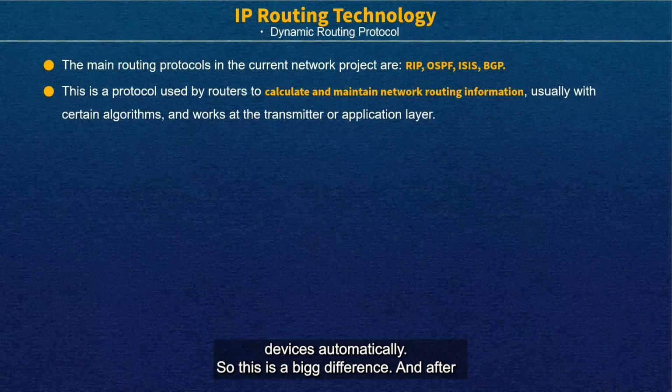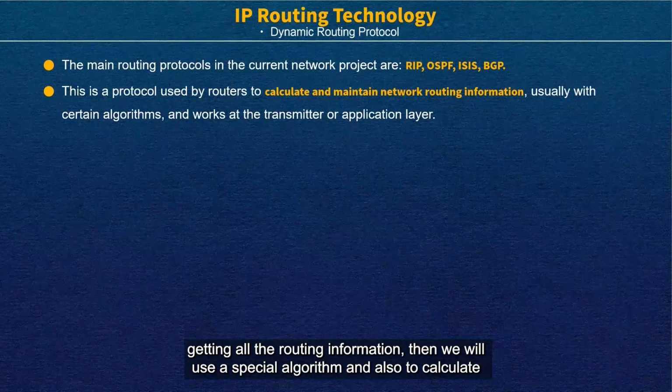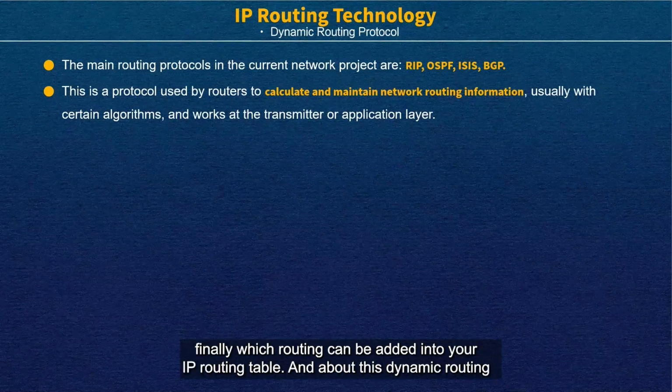So this is the big difference. And after getting all the routing information, we will use a special algorithm to calculate which routes can finally be added into your IP routing table.